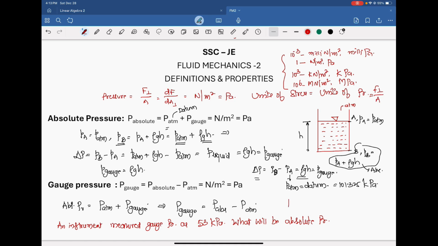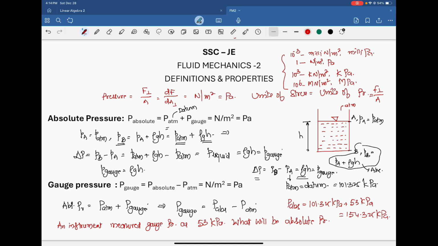Here, absolute pressure is equal to atmospheric pressure plus gauge pressure. What is the atmospheric pressure? 101.325 kPa plus 53 kPa. The absolute pressure will be 154.325 kPa. This is the absolute pressure at that particular point.